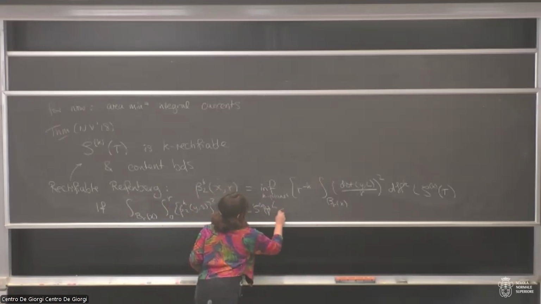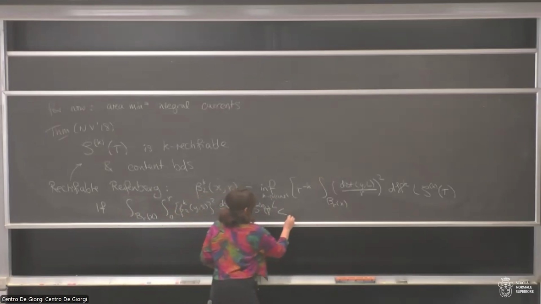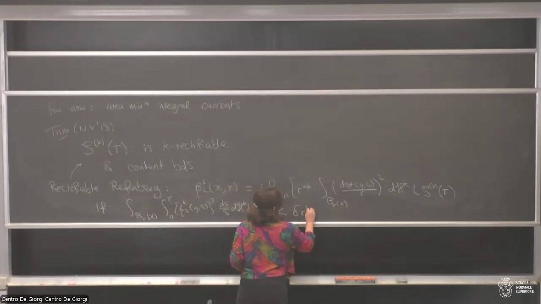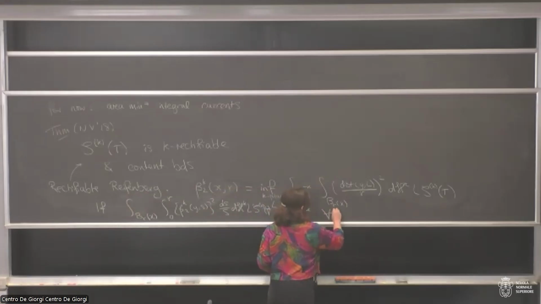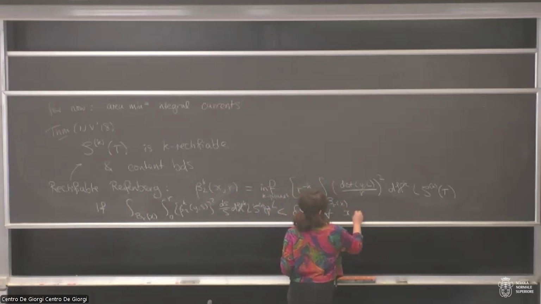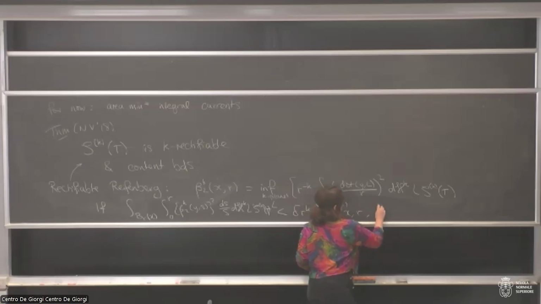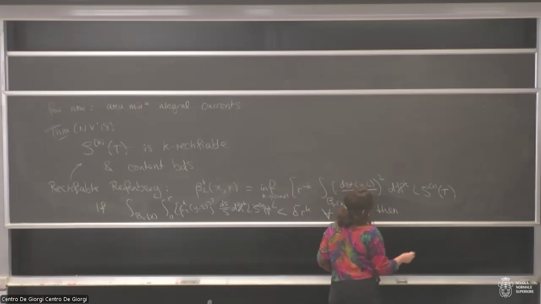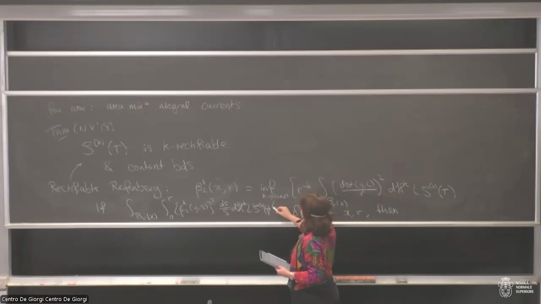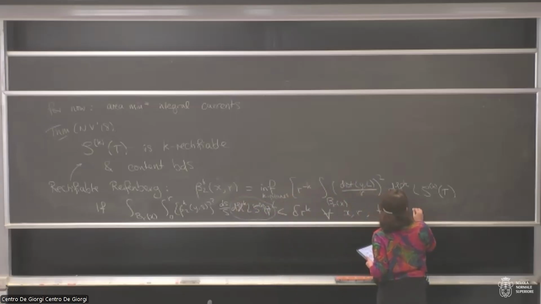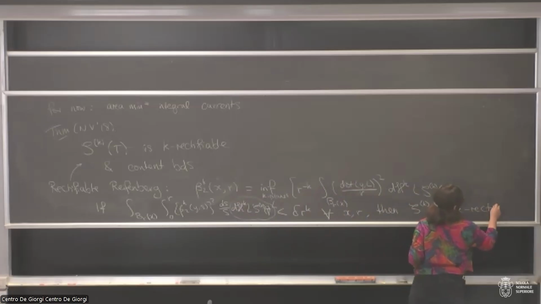then if there is some delta such that this is less than delta R to the k for all x, R, then, since this works more generally for general measures, and we're taking the measure to be this one in this case, the support is k-rectifiable.